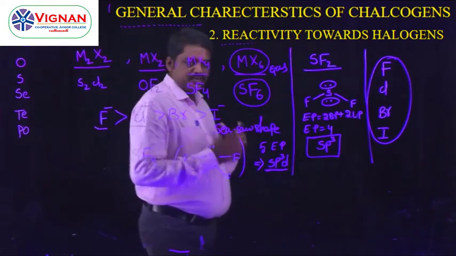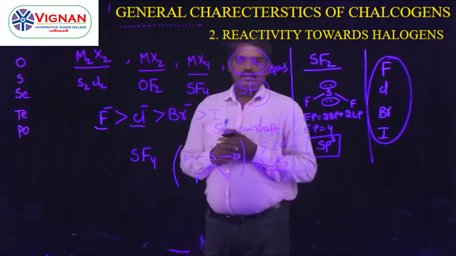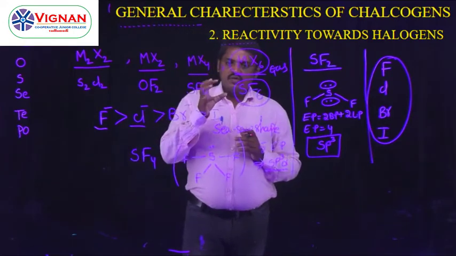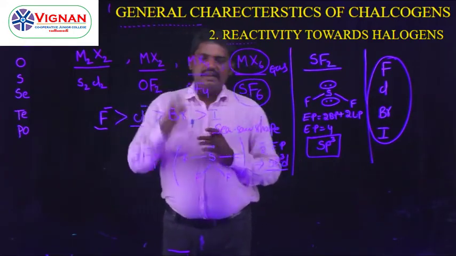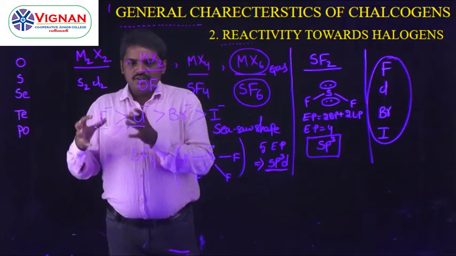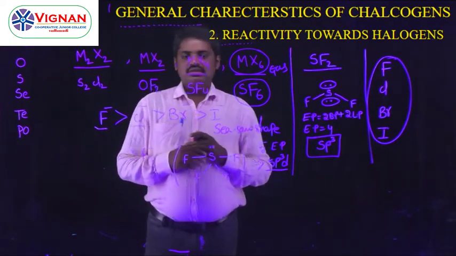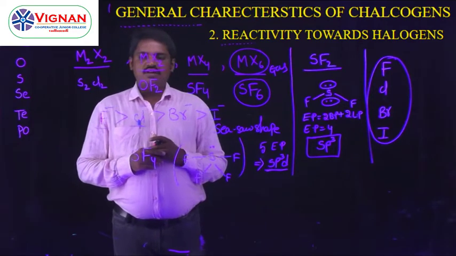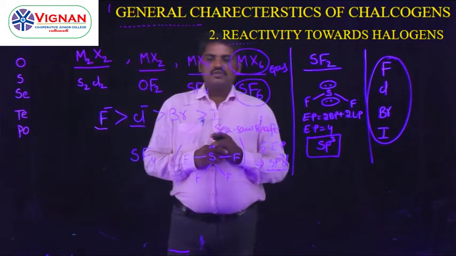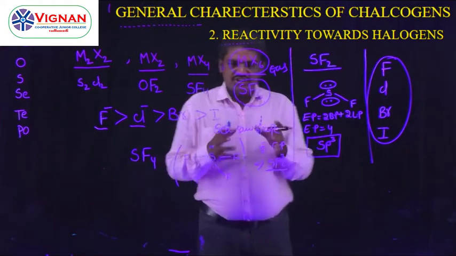A disproportionation reaction means a single step reaction in which the same element participates in both processes, oxidation and reduction. That type of reaction is known as a disproportionation reaction.